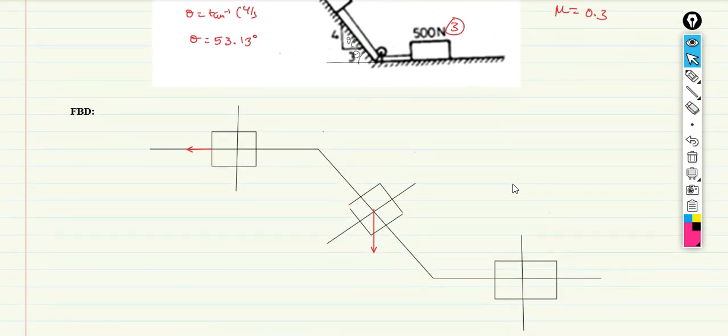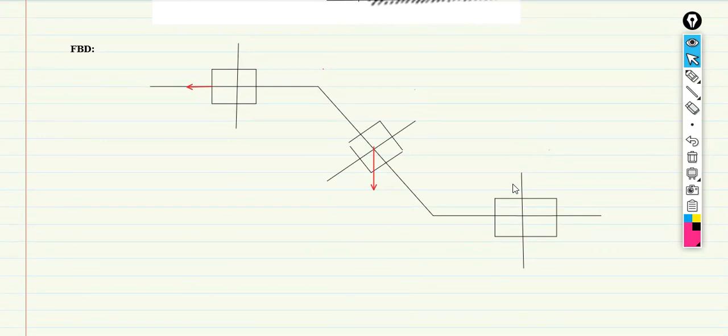Coming to the free body diagram. See, we have the free body diagram like this. So for block number 1, weight always acts vertically downwards, and the applied force is P. Assume motion in this direction, we have motion towards P, and the frictional force is opposite to it, so that is F1.